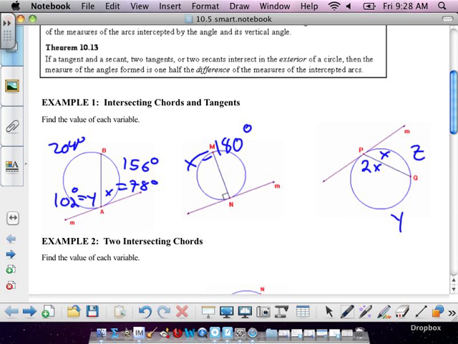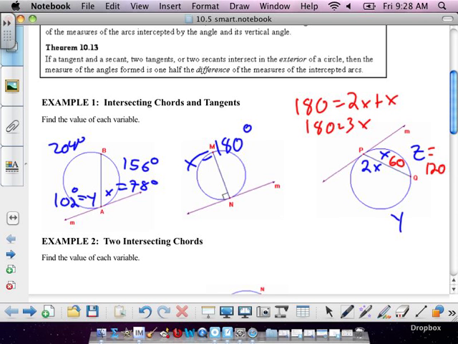We know that 2x and x add together to be what? 180 degrees. So 180 equals 2x plus x, or as Dana said, 3x. So I take 180, divide that by 3, and I get 60. So x equals 60, which means z equals 120.